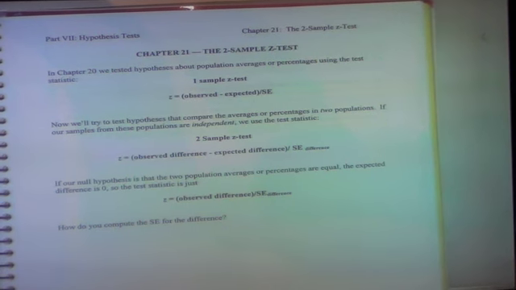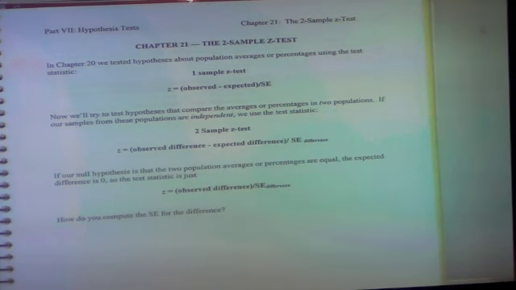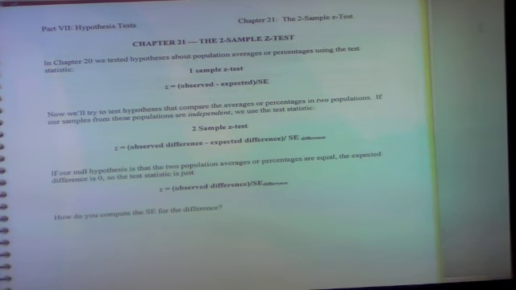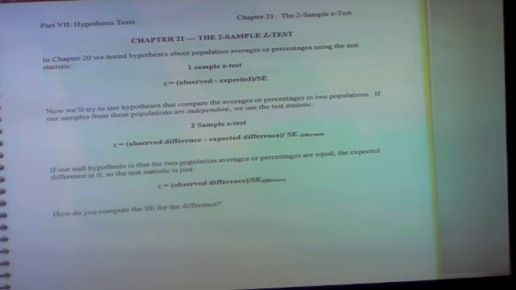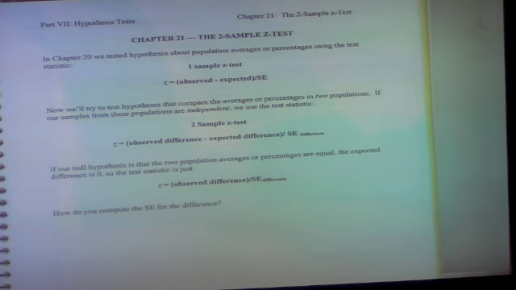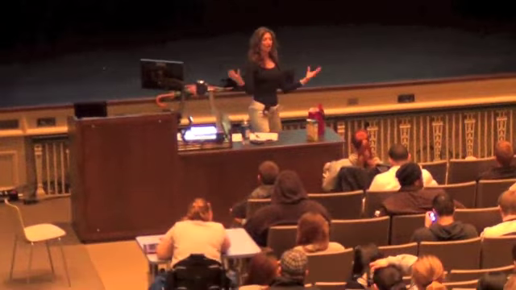We're on chapter 20, the two-sample z-test. What we've been doing so far is looking at a one-sample z-test. We have one sample, and the null hypothesis is always that whatever effect we see in that one sample is just due to chance.